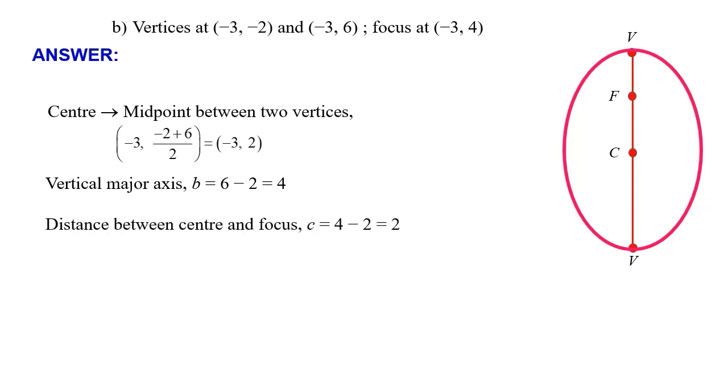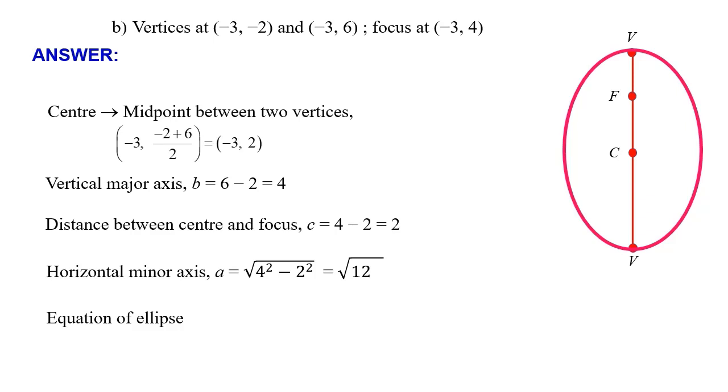From there, we can find the value of c. Because the coordinate of the focus is given, 4 minus 2, we get c is 2. After that, we can find the length of a, that is the minor axis: 4 squared minus 2 squared, so it will also be 12.